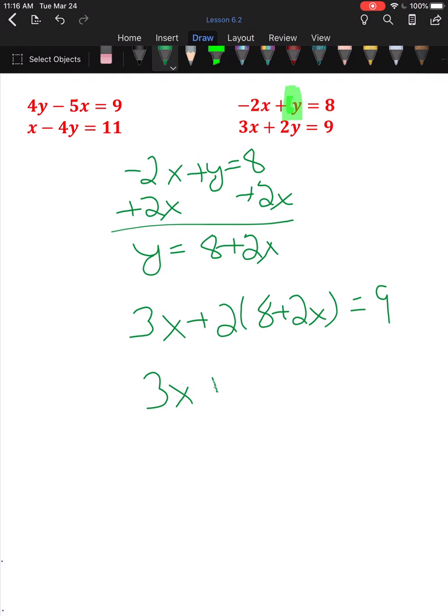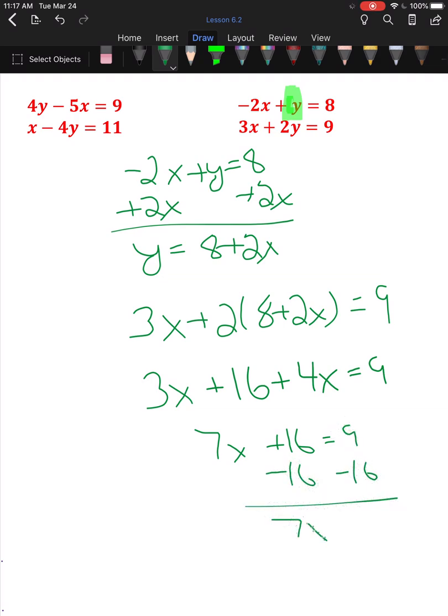So 3x stays. 2 times 8 is 16. 2 times 2x is 4x. I have two things that have x on the same side, so I should combine those. So I get 7x plus 16 equals 9. I will subtract 16 from each side so that 7x is equal to negative 7. Divide both sides by 7 to find out that x is negative 1.